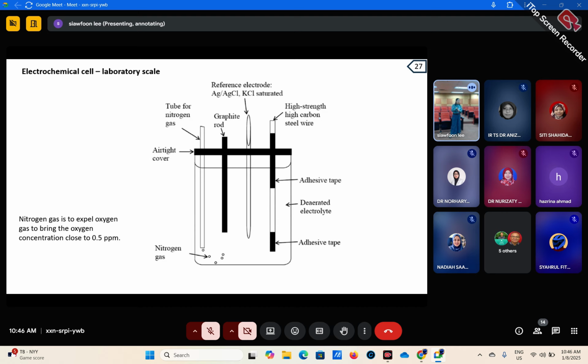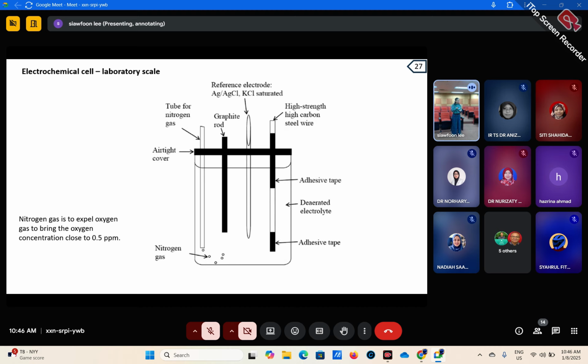Here you can drill a hole and put the steel inside, and then you have the reference electrode, and another is the persistent electrode here. And in another hole, you can pump in nitrogen gas to reduce the oxygen content, to expel the oxygen.